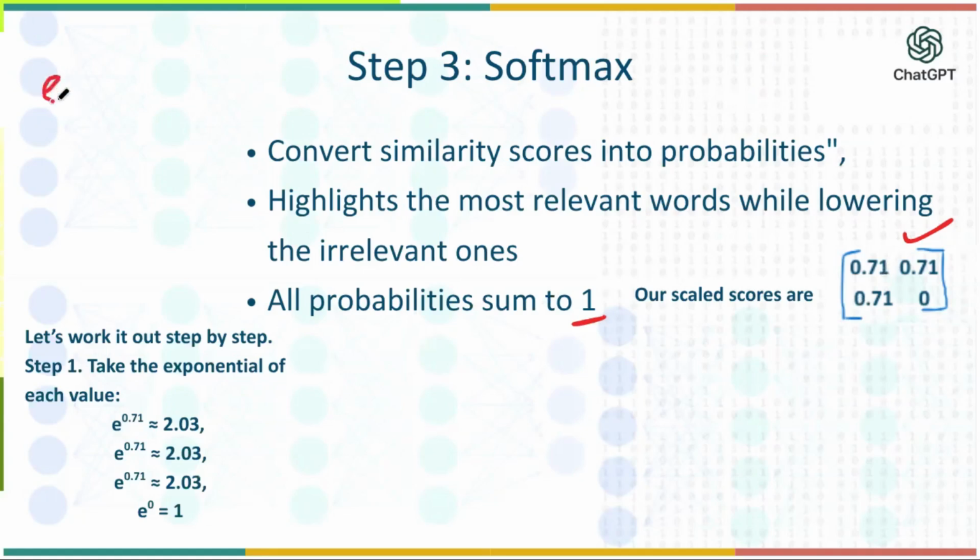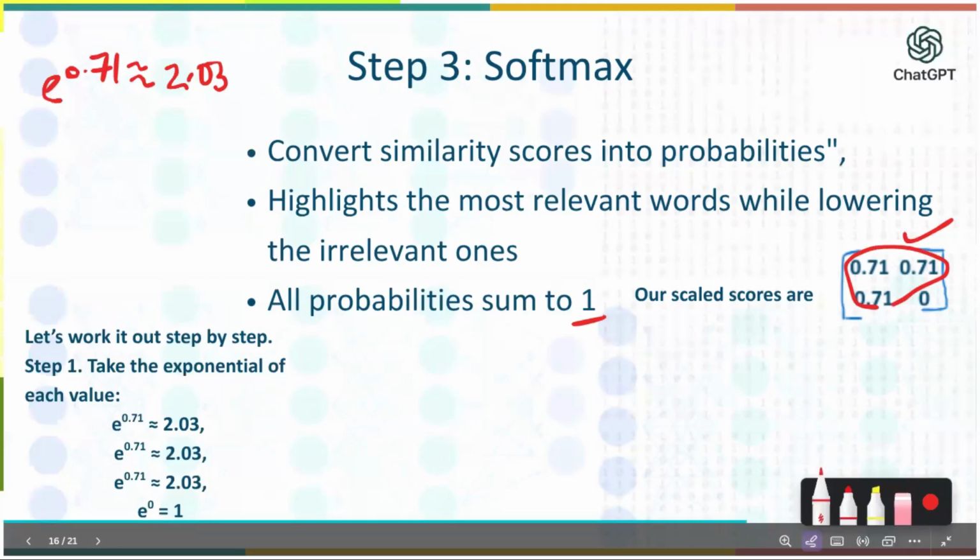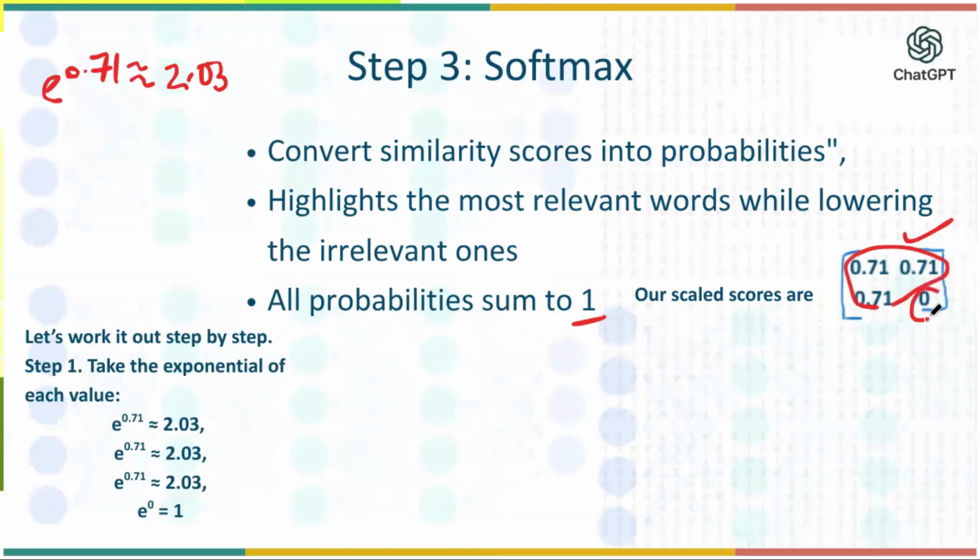For example, e to the power of 0.71 is approximately 2.03. The same holds for all three of those values, and the last one is 0. We use e to the power of 0, which is 1. That is the rule of exponentiation. All right.